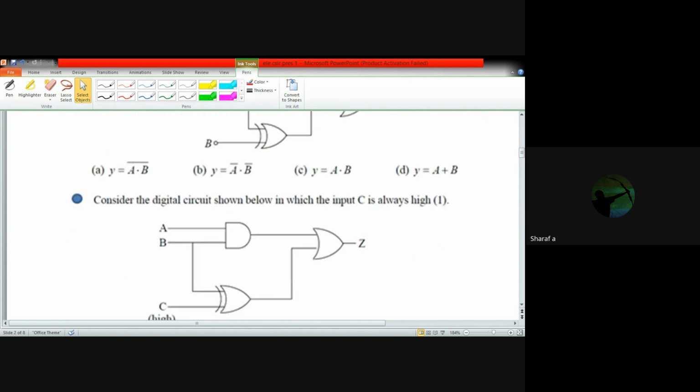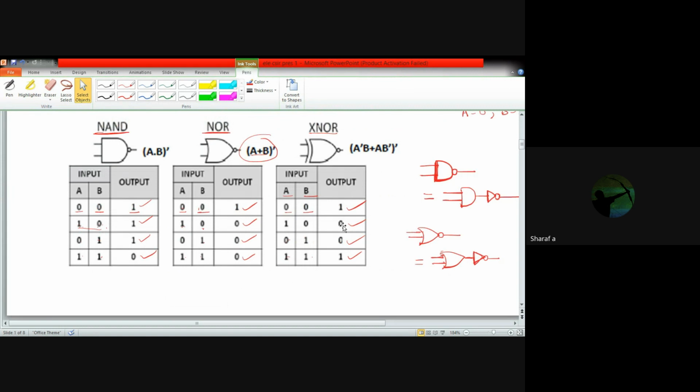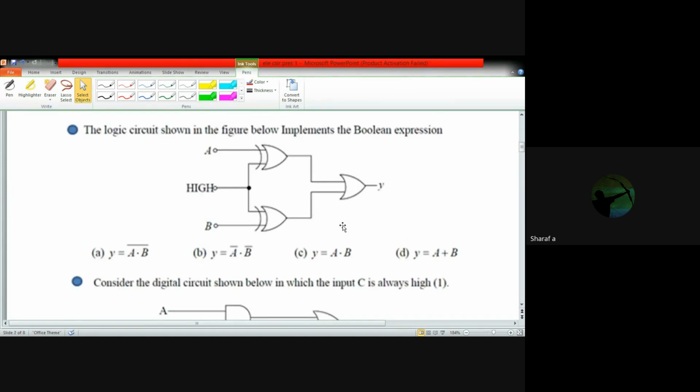So the first problem you can see here. This is the first problem. First, you try to solve this problem. Just try this problem by yourself.